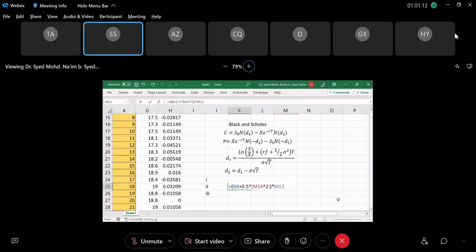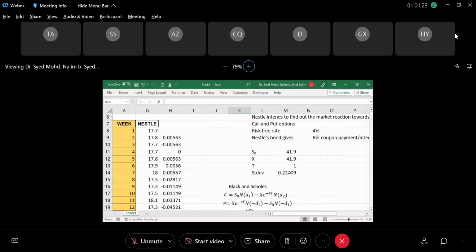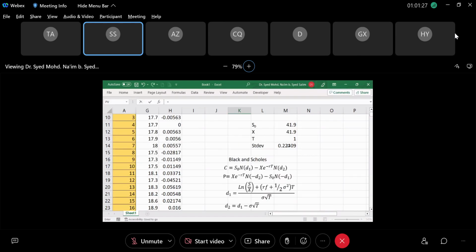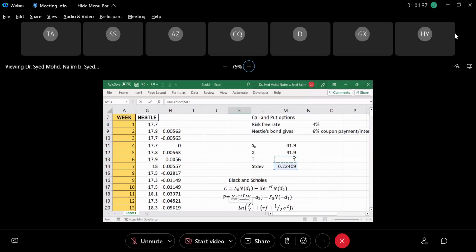The third part is sigma square root of t.